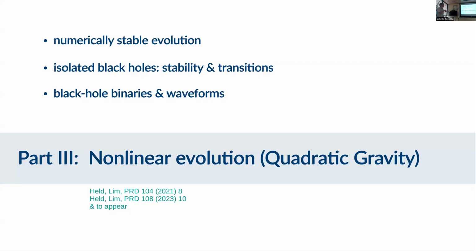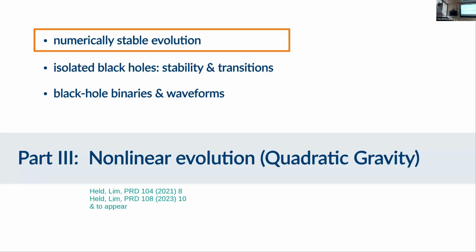And then on transitions to potentially other solutions of the theory. And then in the end, I'll talk a little bit about binary simulations, which we are currently performing. That's now work with a different collaborator who's at Los Alamos, Xid Lin. And there are already 2 papers and hopefully more soon.